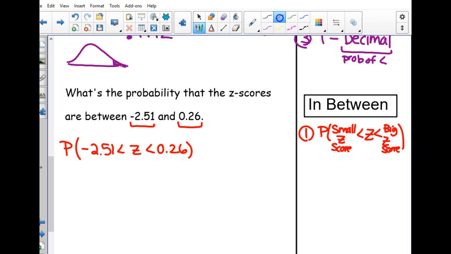Step two, you need to go to the table and find the probability or the decimal for both z-scores. So it really is a probability as a decimal, right?